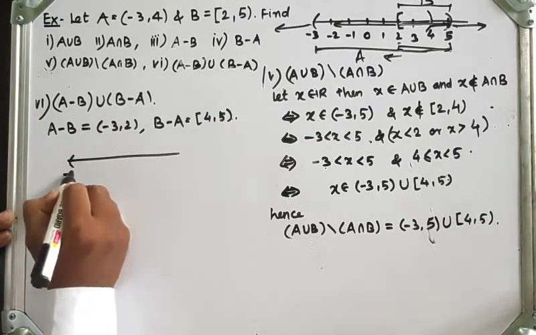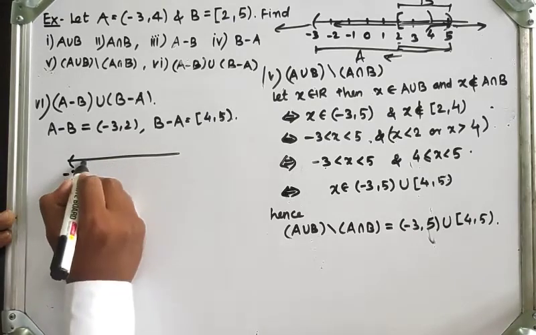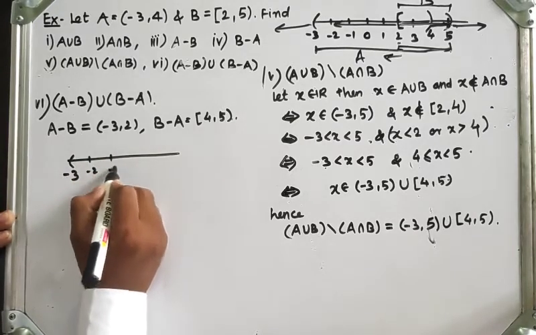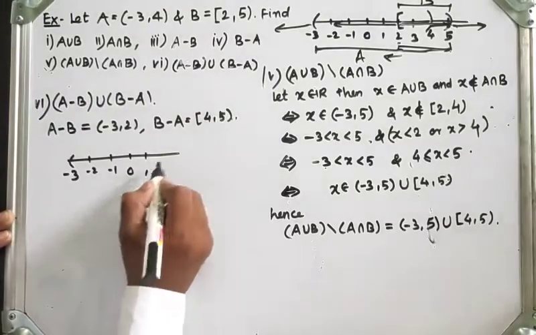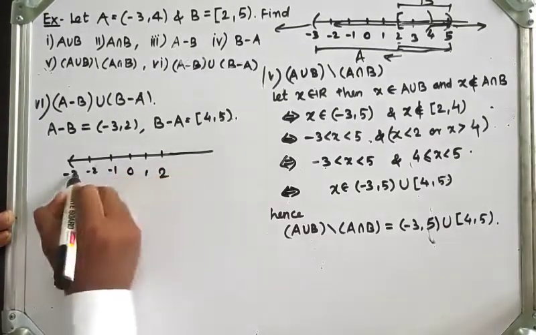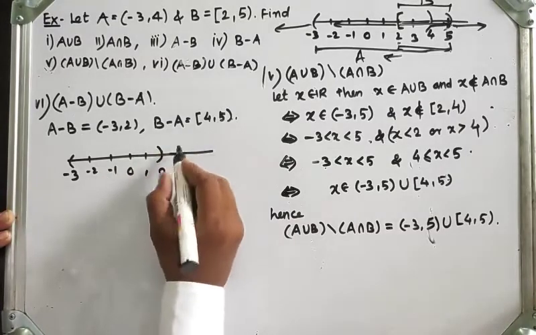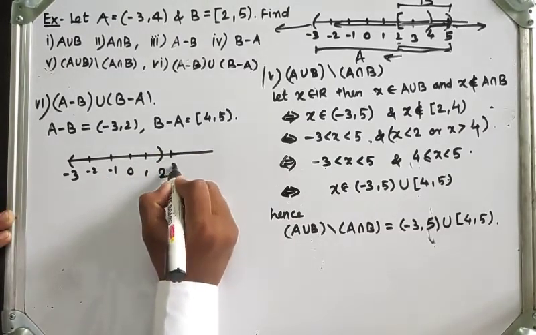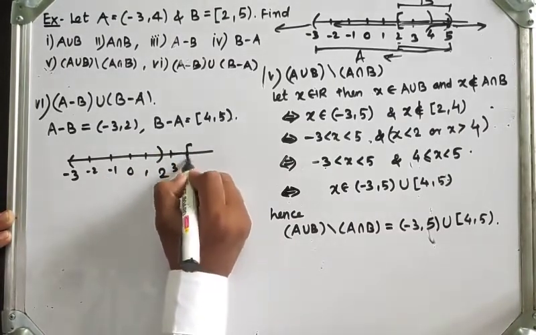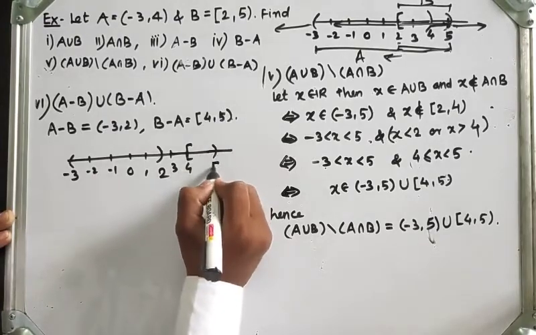Suppose here is minus 3, and here minus 2, minus 1, 0, 1, 2. Here is minus 3, here is 2, and B minus A should be here 4 to 5. Here is the closed interval 4 to open 5.